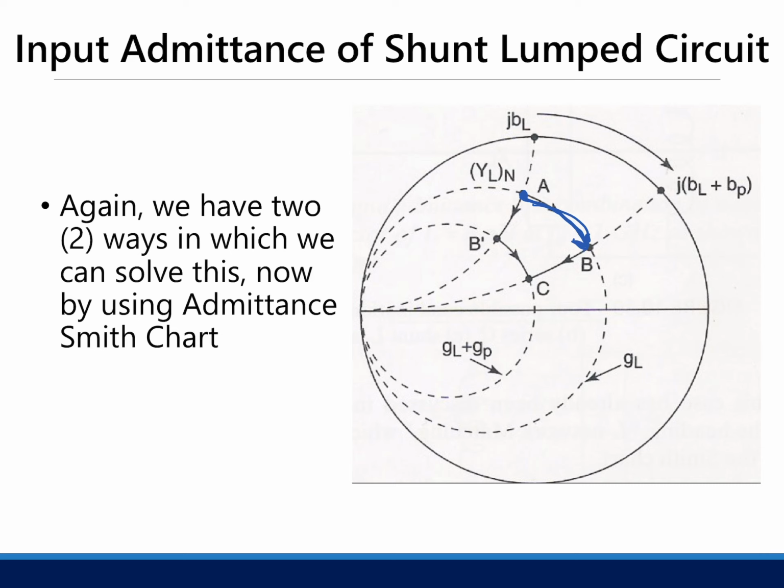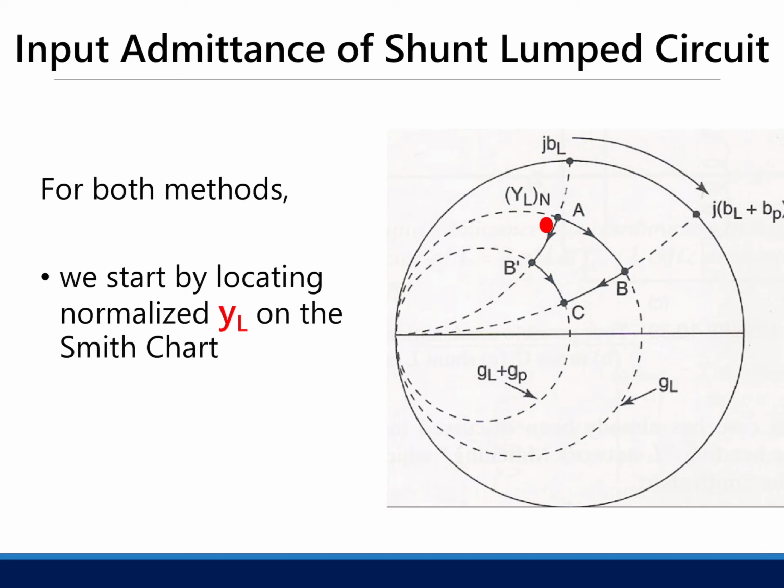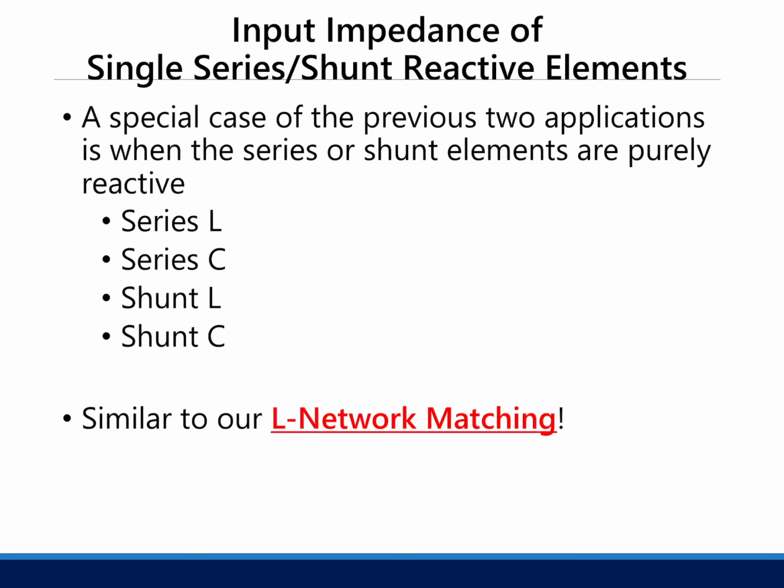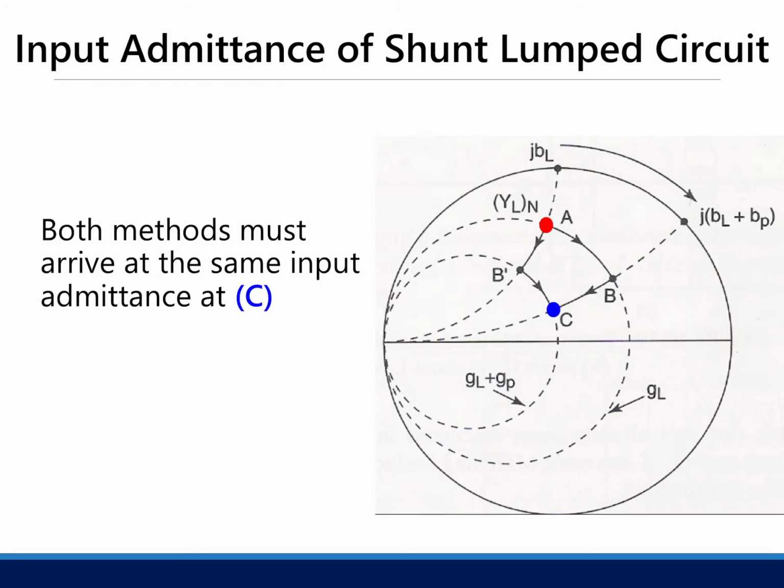And then from here you move towards the final point C by moving on a constant susceptance circle, and then you move to another constant conductance circle rather, and that's how you use the admittance part of the Smith chart. Okay, so there you go. It's the same method as your series lumped element when using the impedance chart.